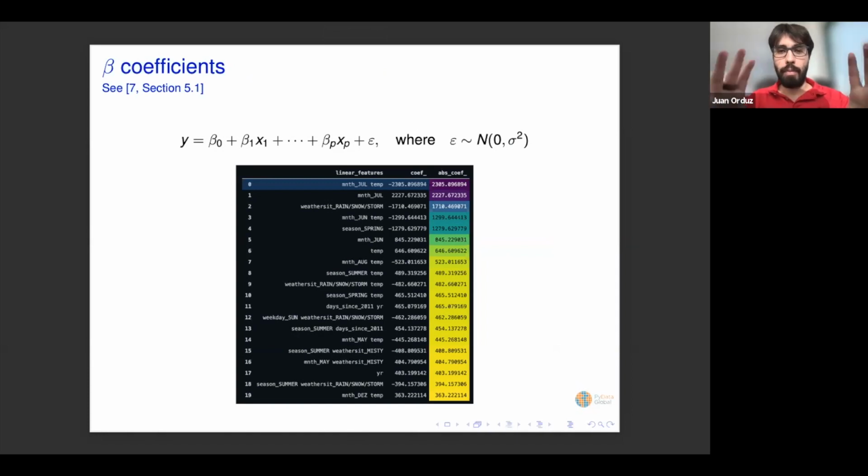So in this table, you see I ranked the beta coefficients, also in absolute value. And this is okay because we scaled the variables, so the scales are somehow comparable. It's interesting to see that the most important variable with respect to this ranking of the beta coefficients is the interaction between the month of July and temperature, which actually is negative.